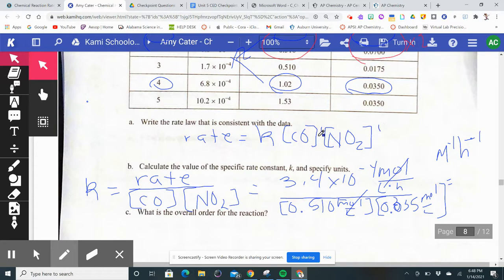Okay, so 1 for this one, 1 for this one, that's 2. So it's an overall second order rate law. And again, you have to show your work on that. So to show your work on that, you would just add the exponents for each concentration for each reactant.